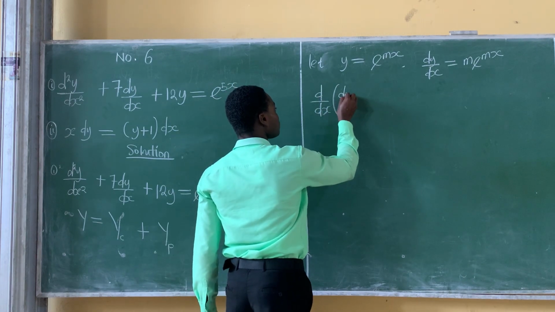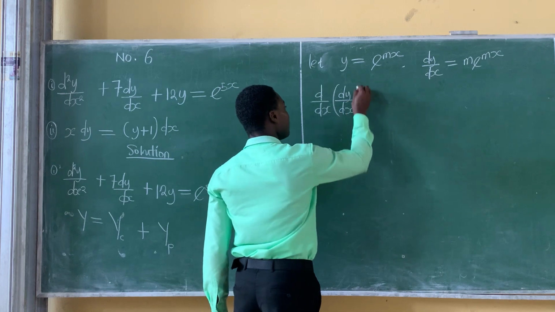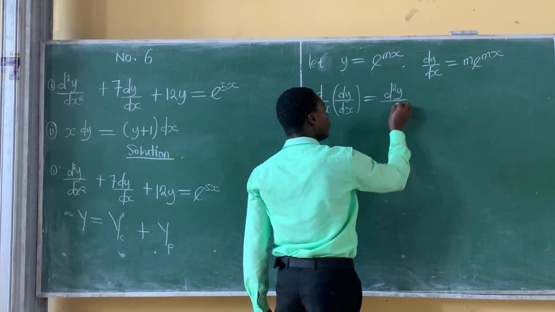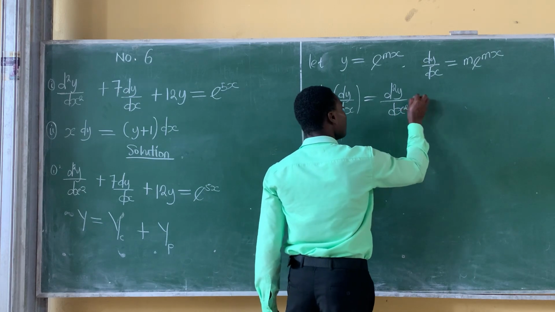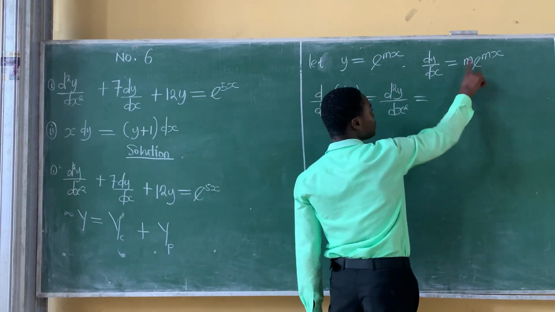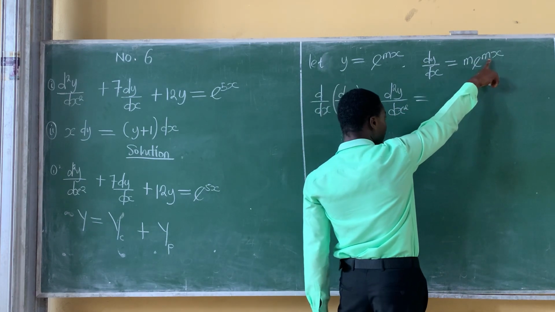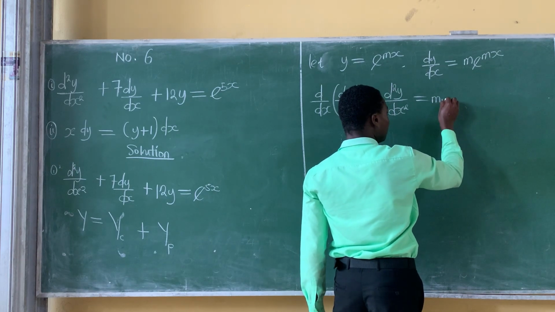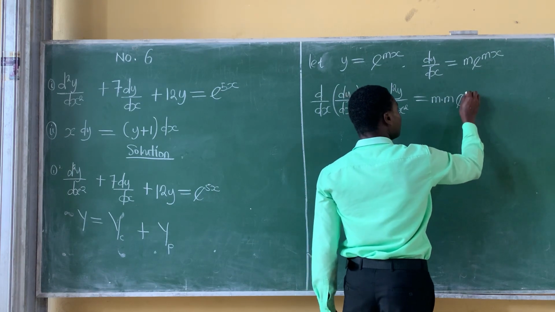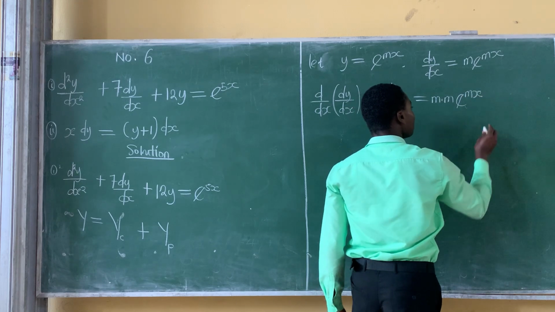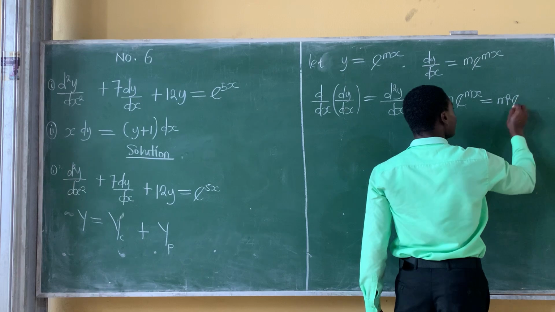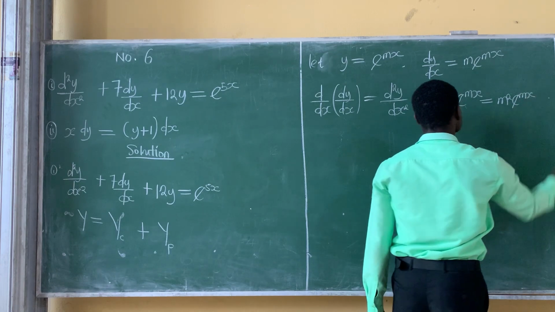We differentiate dy/dx with respect to x again, and this will give us d²y/dx². Because m is a constant, if you differentiate again you have m times m e^(mx), which is m² e^(mx).